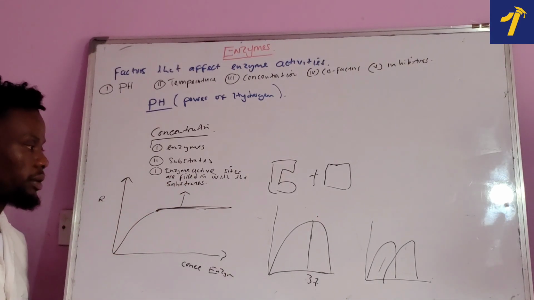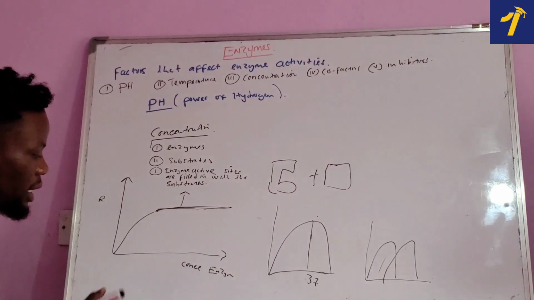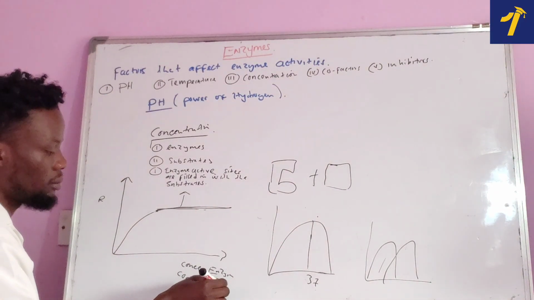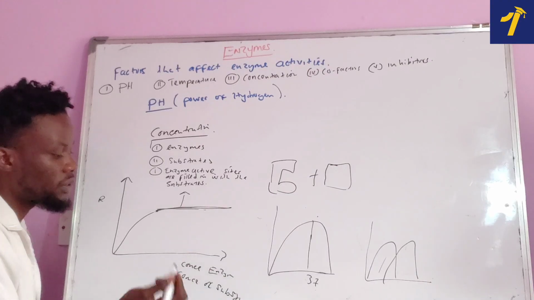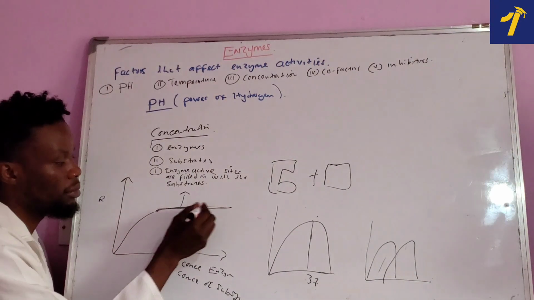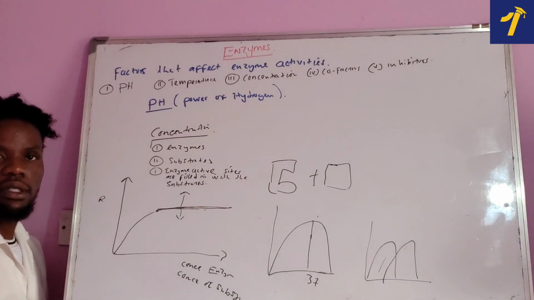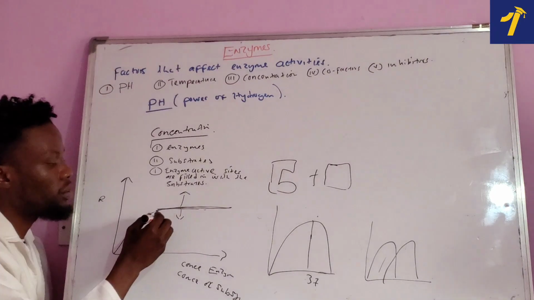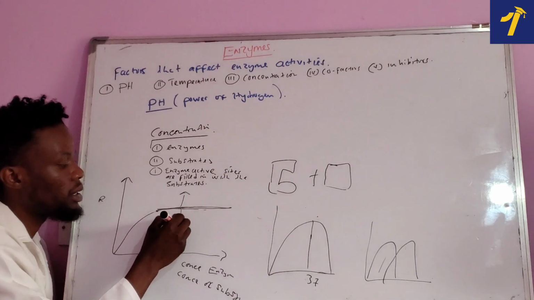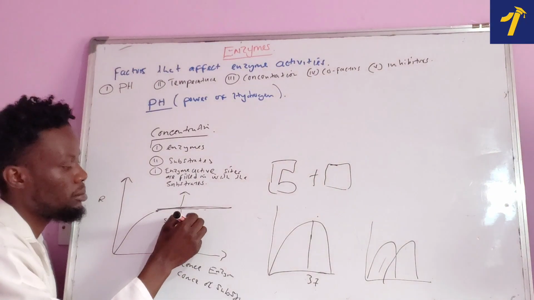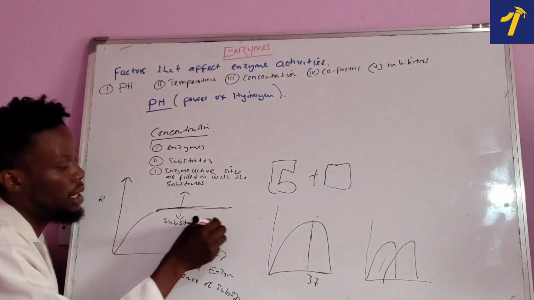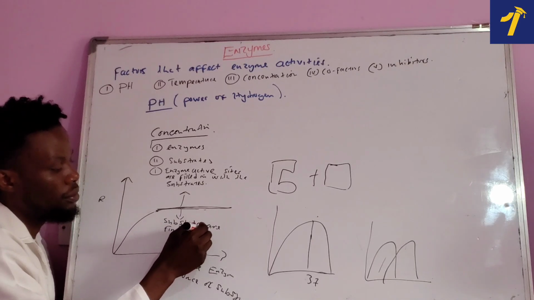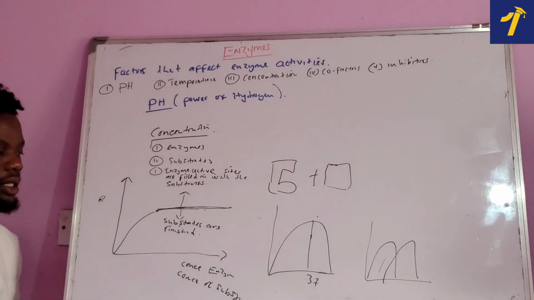The same applies if we had the concentration of substrate. If the graph remains constant, what could be the main reason? The main reason is that the substrates are finished.